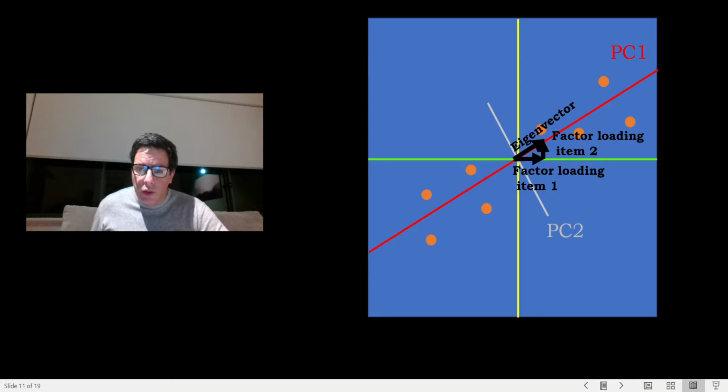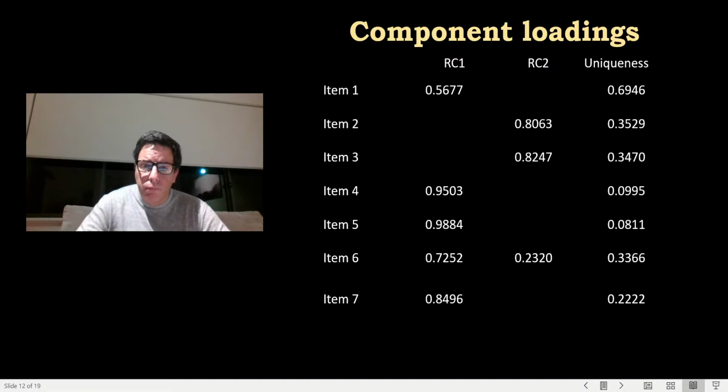So here we've got the terminology. This one is the factor loading of item 1 on principal component 1, and this one is the factor loading of item 2 on principal component 1, and this vector is called the eigenvector. The component loadings or factor loadings are represented this way when we use software.